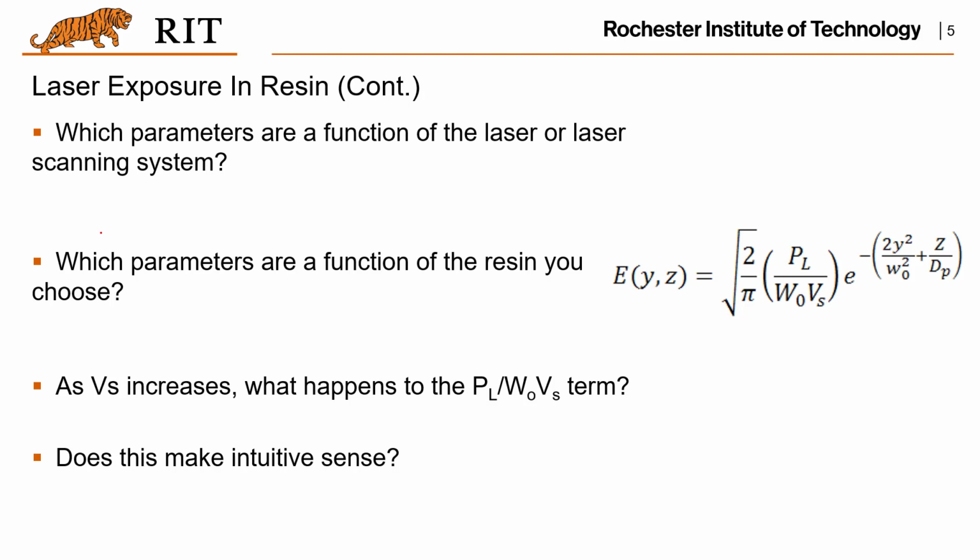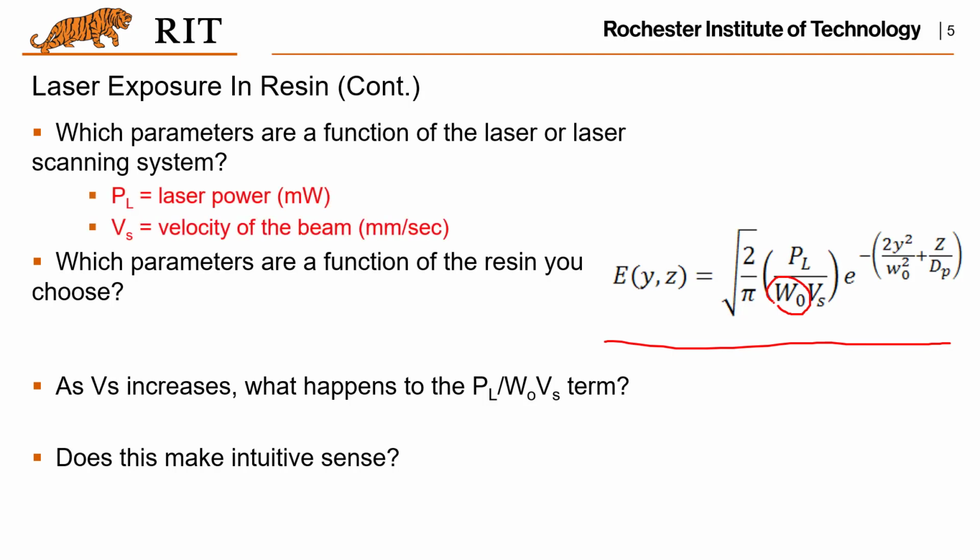So if we look at this equation again, some of them are parameters or functions of the laser or laser scan system. And what are they? First of all, the laser power, and I'm sorry, it should be this P_L, which is the laser power, right?